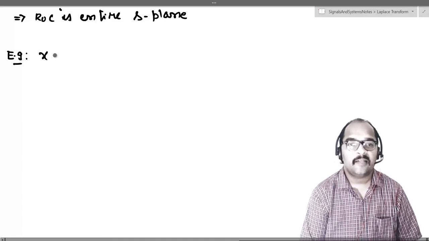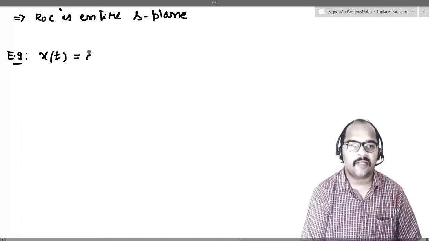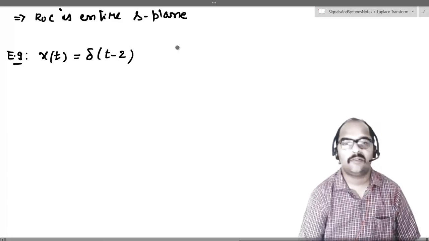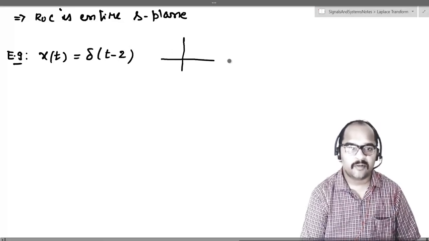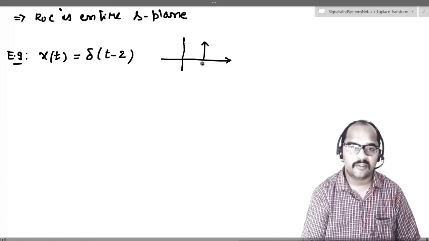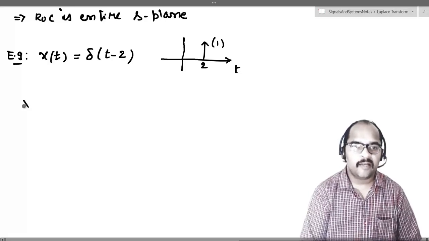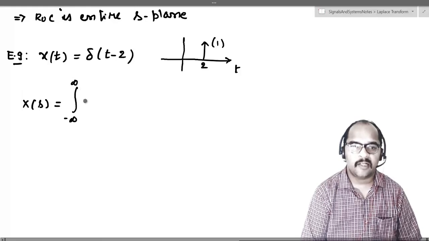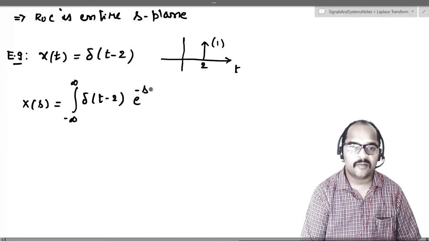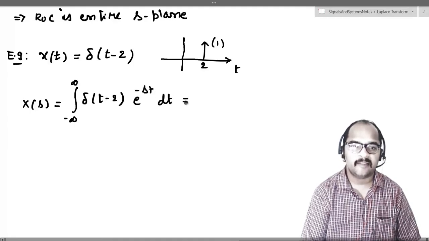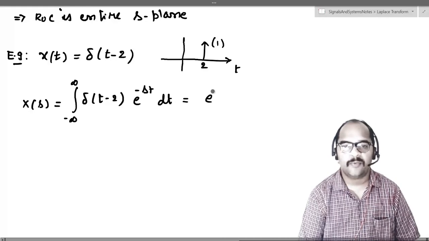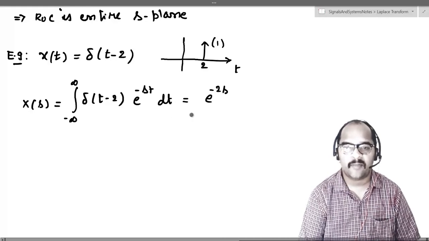Okay, second example. Let us take x of t to be a shifted Dirac delta, let's say delta of t minus 2. How does the plot of this look? It's a Dirac delta function at 2 with the strength 1. So for this, what will be x of s here? X of s equals the integral from minus infinity to infinity of delta of t minus 2 e power minus st dt, and you can easily prove that this is equal to e power minus 2s.